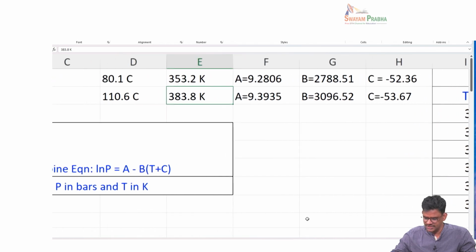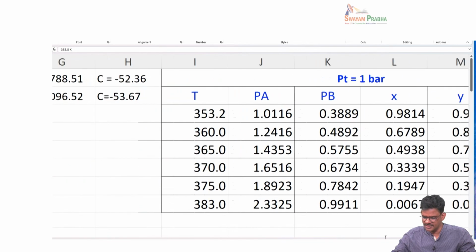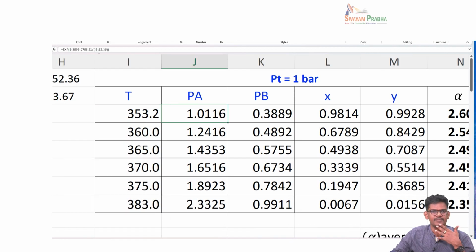The boiling temperatures in Kelvin are about 353 to 383, so that is the range of temperatures. I have chosen some arbitrary temperatures ranging from 353 to 383; you can take more temperatures if you like. Once you have these temperatures, I calculate the vapor pressure from the Antoine equation.